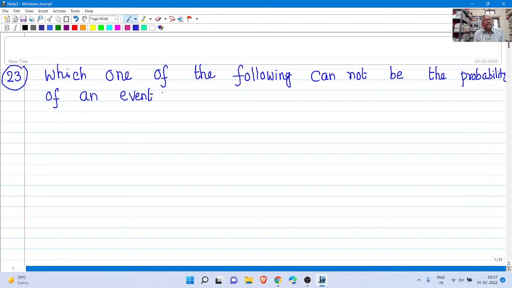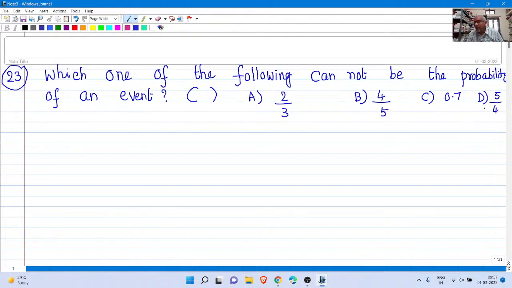This is a very important question. A, 2 upon 3. B, 4 upon 5. C, 0.7. D, 5 upon 4. So which one of the following cannot be the probability of an event?